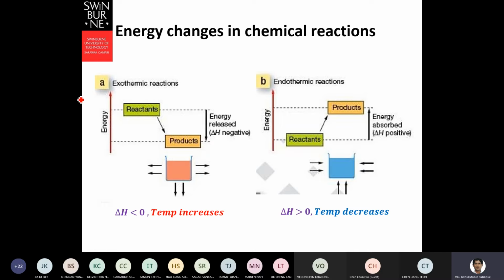When the reaction is giving us or producing heat, it is an exothermic reaction. Exothermic means exiting heat. And when the reaction requires heat to be provided to it, that means it takes heat from the environment, and it is an endothermic reaction.